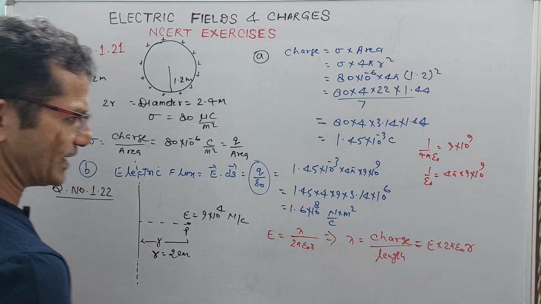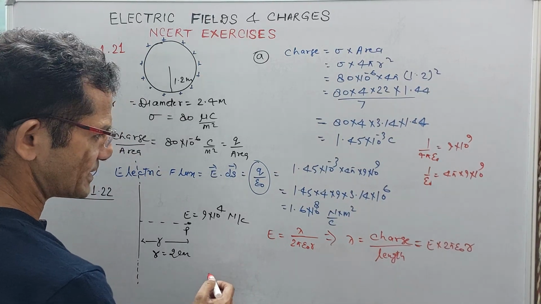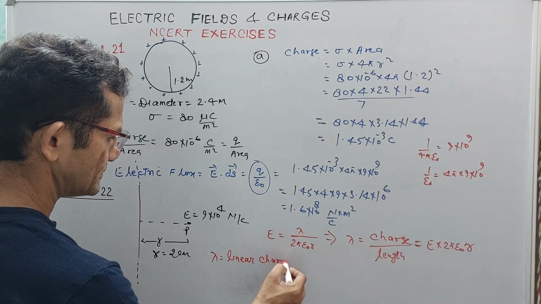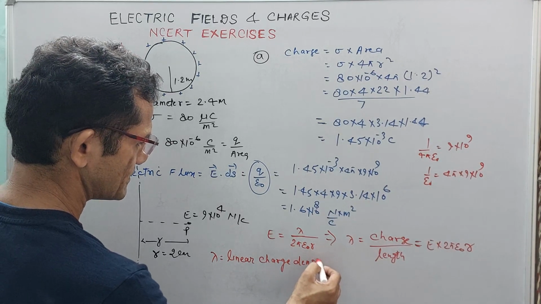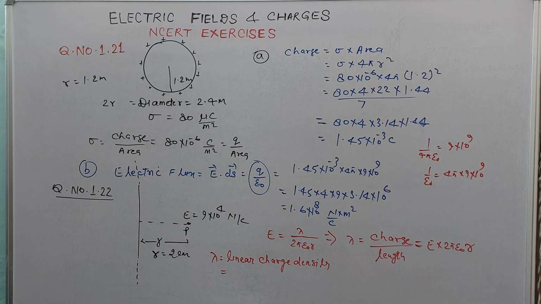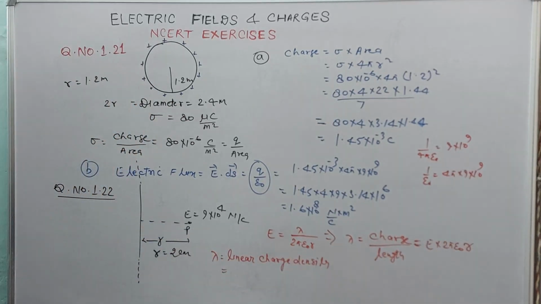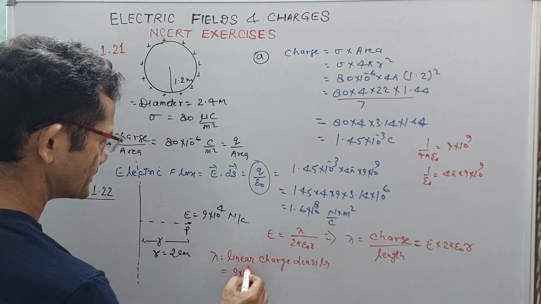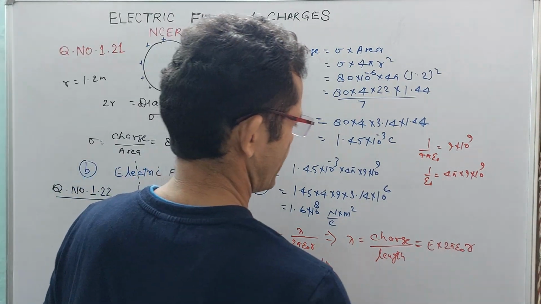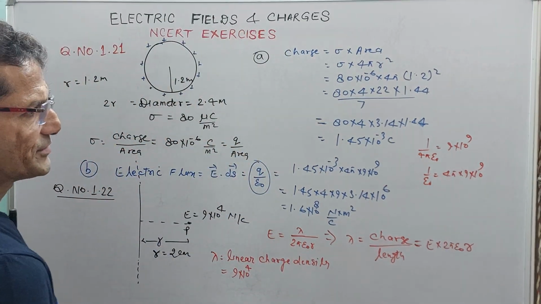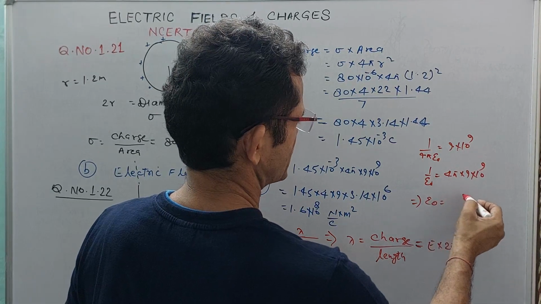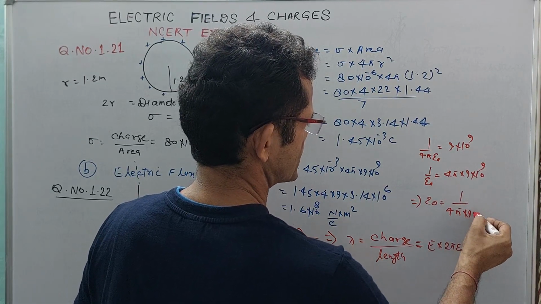So if I calculate this value, lambda, the linear charge density, is equal to E, the electric field in SI system, 9 into 10 raised to the power 4, times 2 pi epsilon naught times r. Here epsilon naught is equal to 1 upon 4 pi into 9 into 10 raised to the power 9.